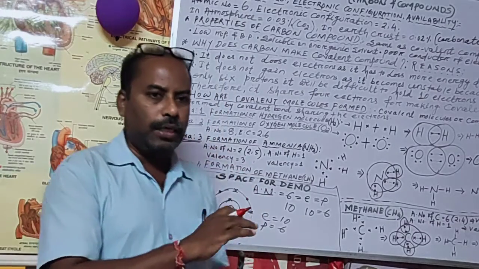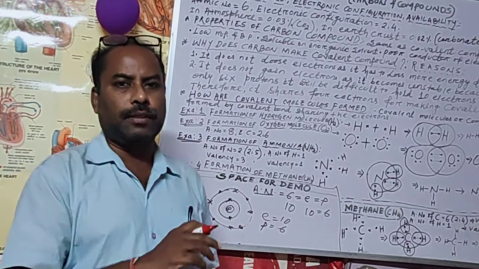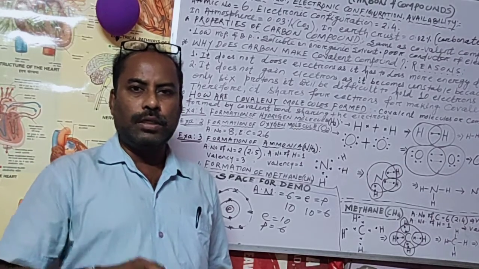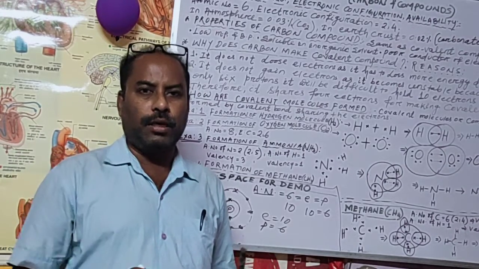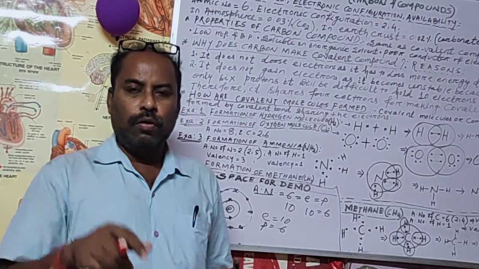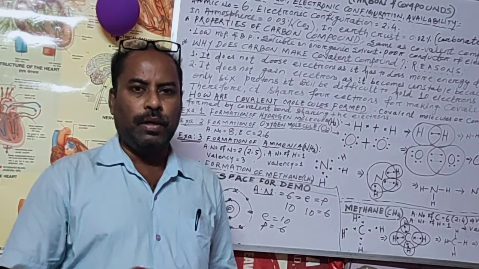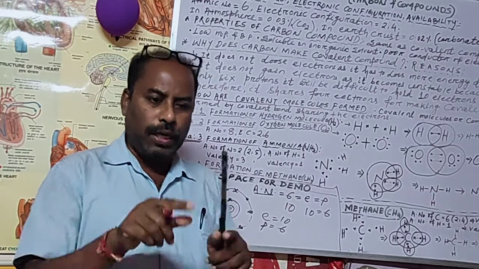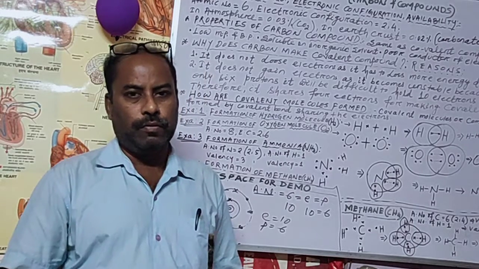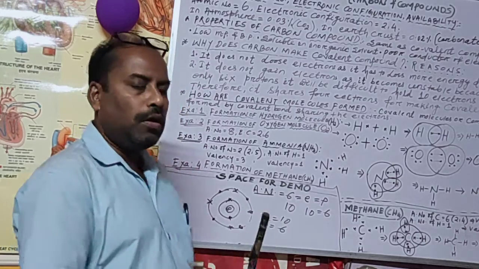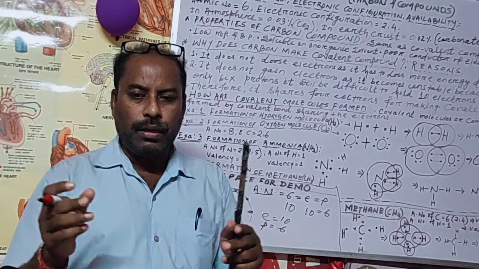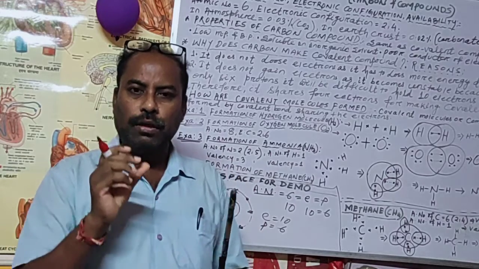Like hydrogen is never present as H, it is present in the form of H2, which is called the molecular form. Chlorine is available in the Cl2 form. Oxygen is available in the O2 form, not in the O form. So they are called diatomic molecules, and here they are called homodiatomic molecules. Homo means atoms of a similar type of element combine to make the molecule.